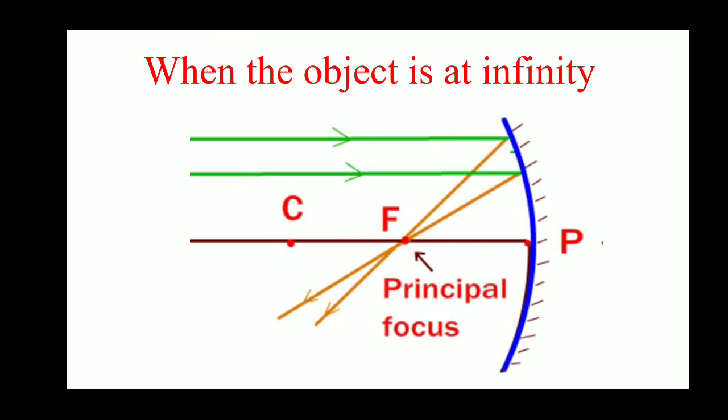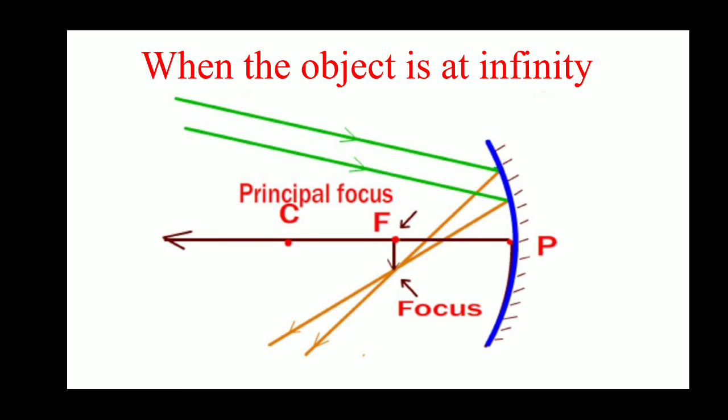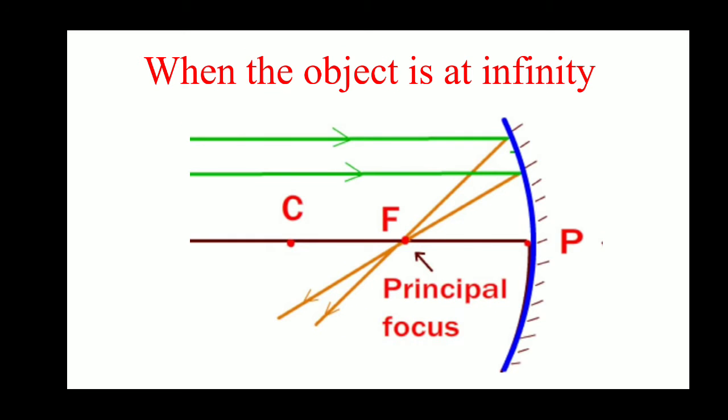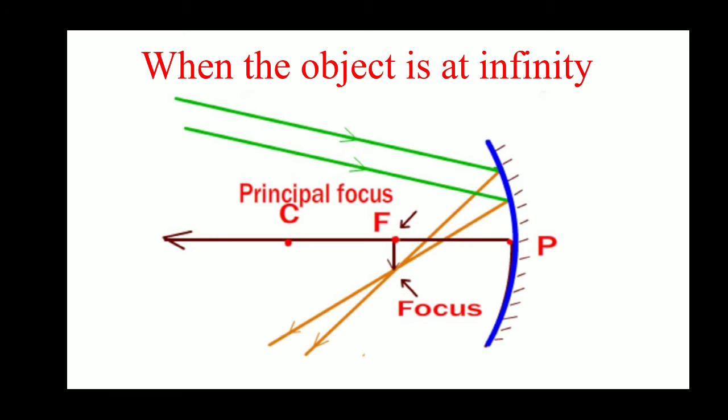Now see, this one parallel to principal axis. Is it necessary always I have to take parallel to principal axis? Can I take the object like this, inverse, slanting position? Yes, you can take it. Now these are the incident rays. The green one is the incident ray and the yellow one is reflected ray. Now see, the image is formed at focus, but the arrow, if you see, it is downward.